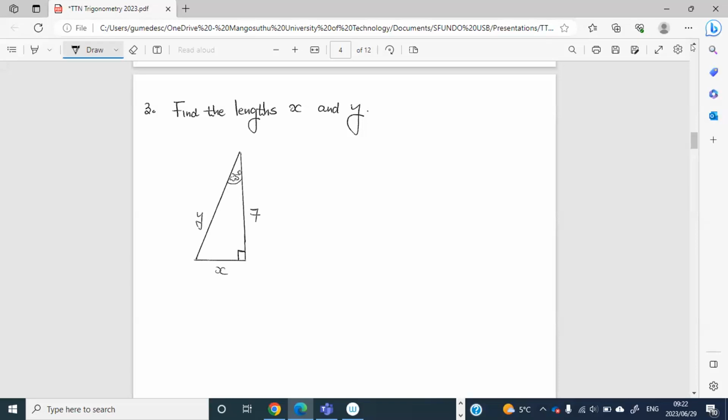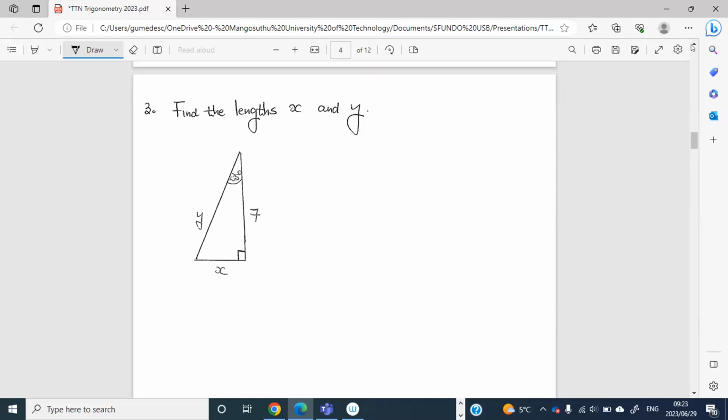The point I want to make is that if we use opposite over hypotenuse, we are going to have x and y, all unknowns. So when we try to solve for x, we must use 7 so that we only have x as the unknown.